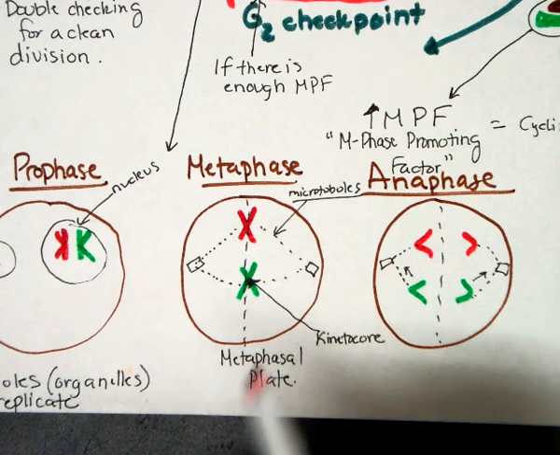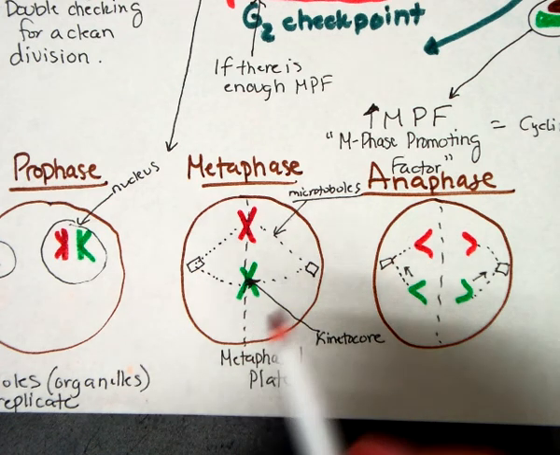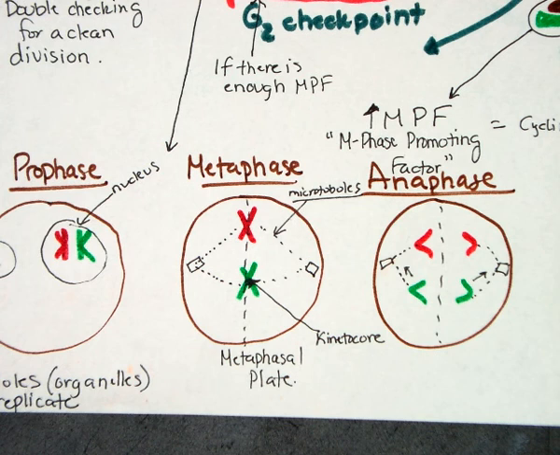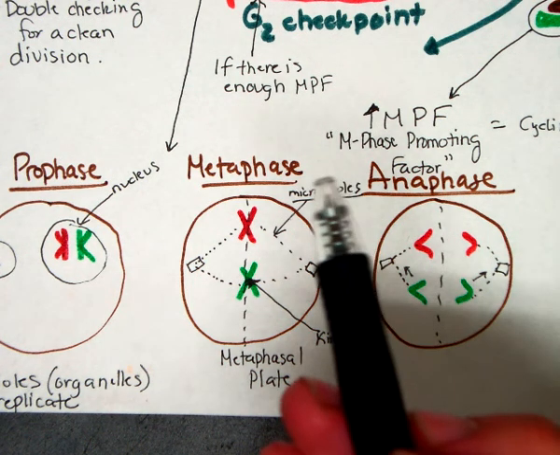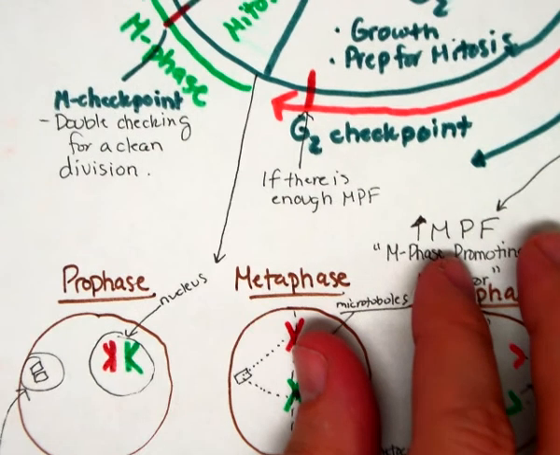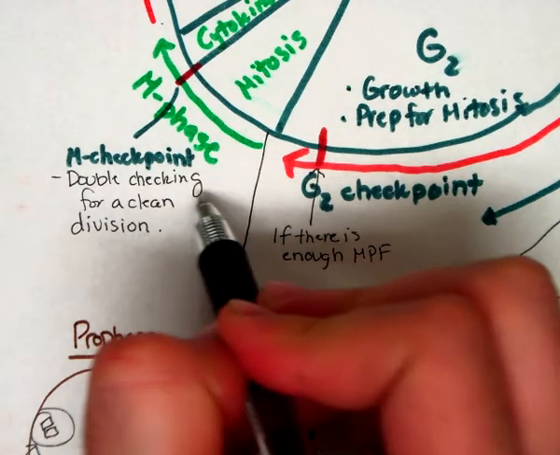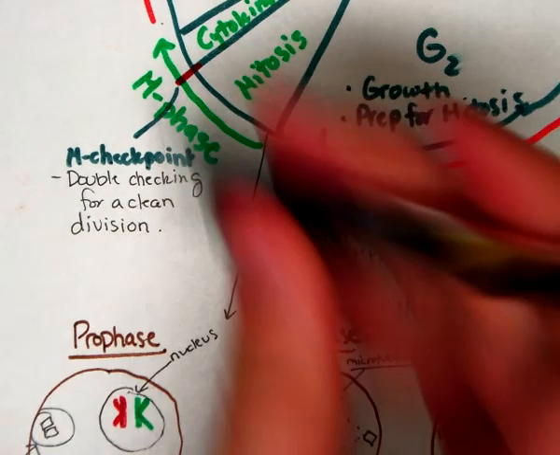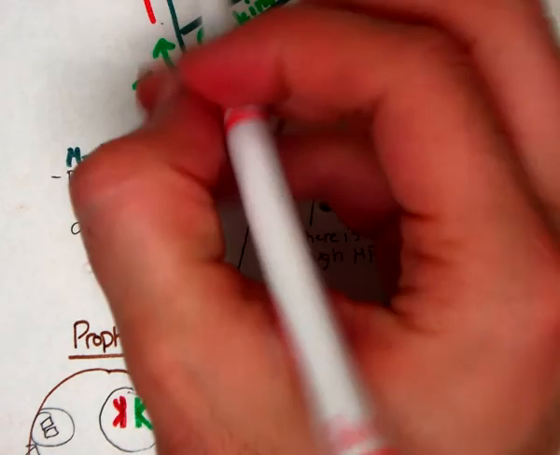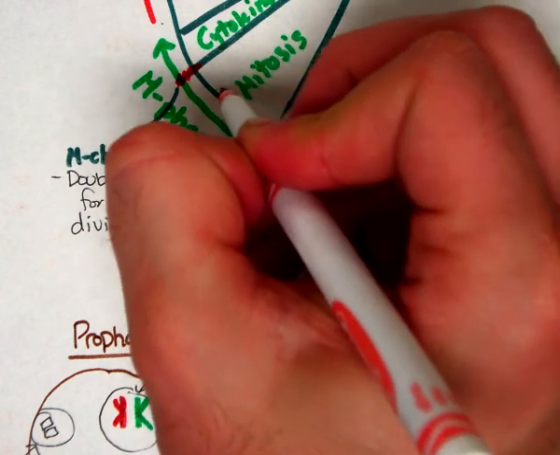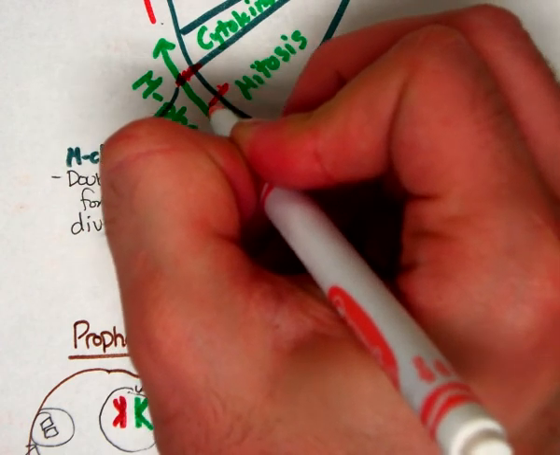Now something that I mentioned in class that I want to clarify here is that actually a checkpoint within the mitotic phase happens here. I incorrectly stated that the checkpoint was this double checking for a clean division. This actually happens right about here.